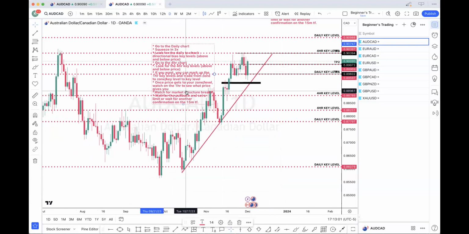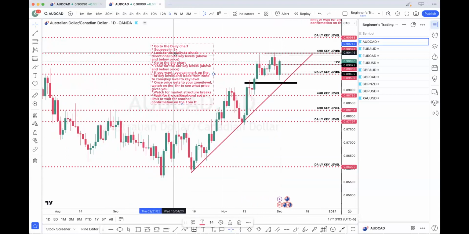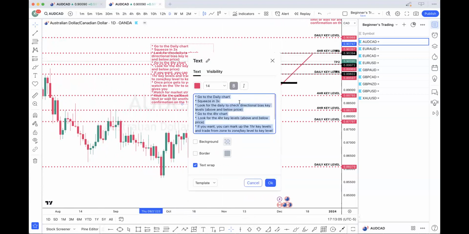So once you go to the daily, you want to go to the daily chart. Check directional bias.